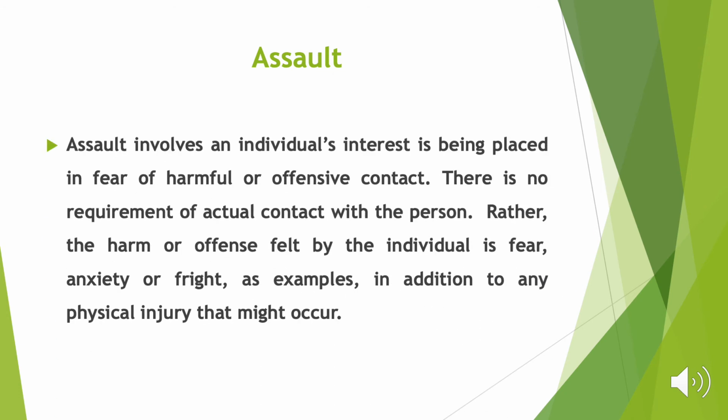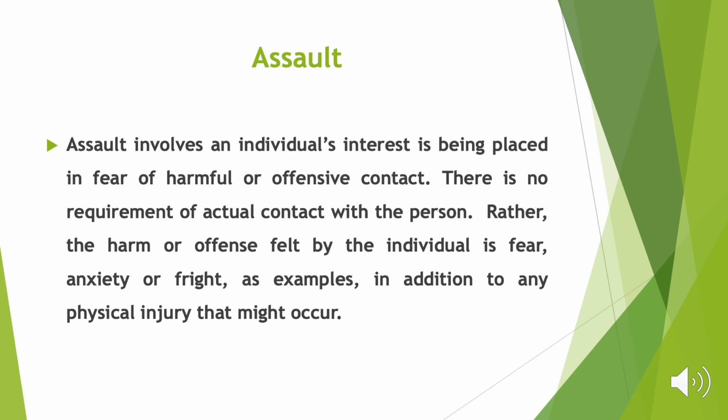Wrongdoing to this person requires intention and is expressed in three forms: assault, battery, and false imprisonment. The words assault and battery are often used interchangeably. However, in the eyes of the law, the two are very different. So, this is the definition of an assault.